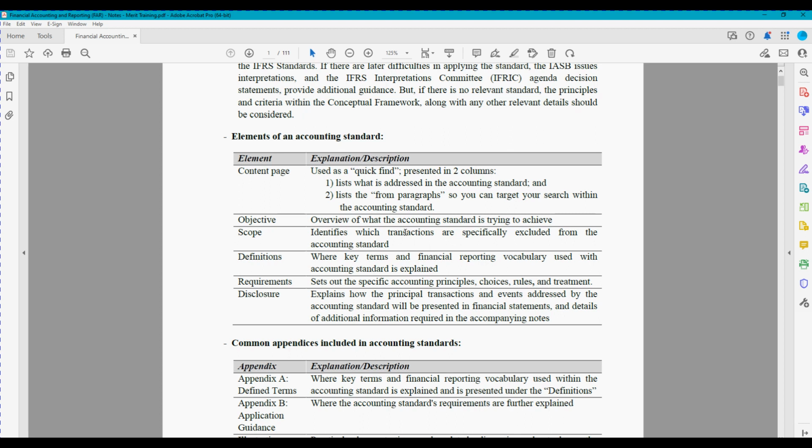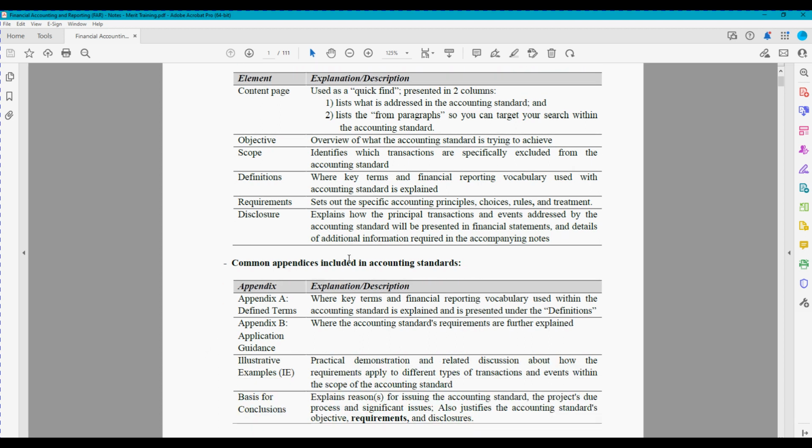Then definitions, which is the key terms used within the standard. Then requirements, which sets out specific accounting principles, choices, rules, etc. And then disclosure. This is talking about how much information you actually have to present in the accompanying notes and also in the financial statement. So, do you need to provide extra information to the readers for this particular topic?